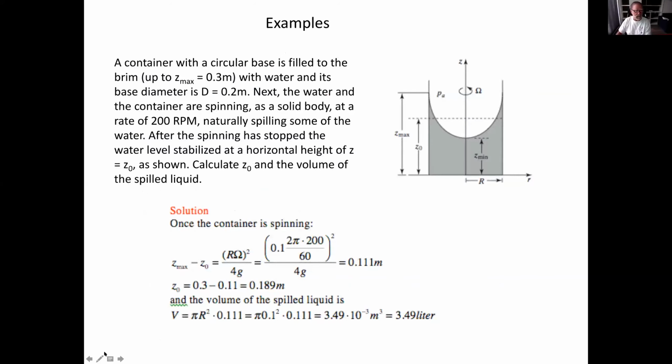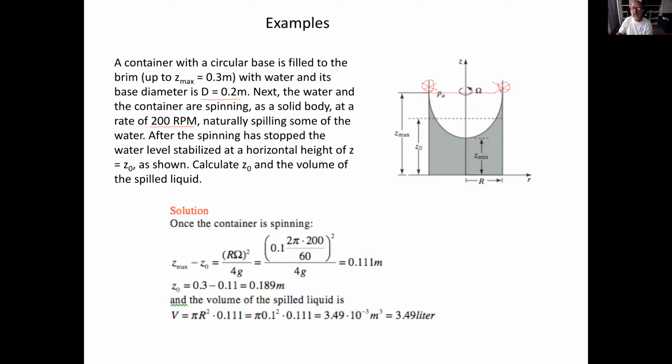And then the container is spinning as a solid body at 200 rotations per minute. The picture doesn't show it, but this thing is not there. So the container is this.